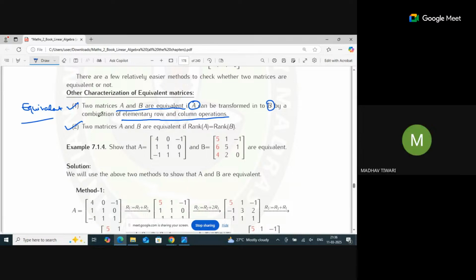Next, two matrices A and B will be equivalent if their ranks are matching. So, sir, if any one condition is satisfied, then we can say that it's equivalent. Automatically the second condition will be satisfied. Understood. You can check one; rank checking is easy. In most of the cases, you can apply that.